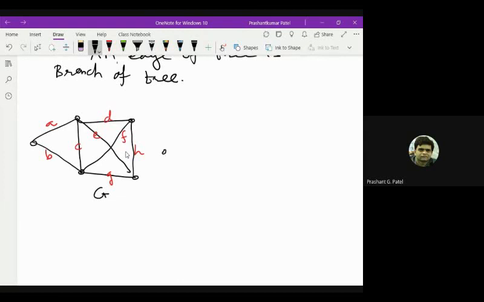The first one I can say is, if I start with this vertex, then this will have A. Then you come back here, this is C. When you go here, this will be F, and this will be H. So all the vertices are covered, and this is a tree.